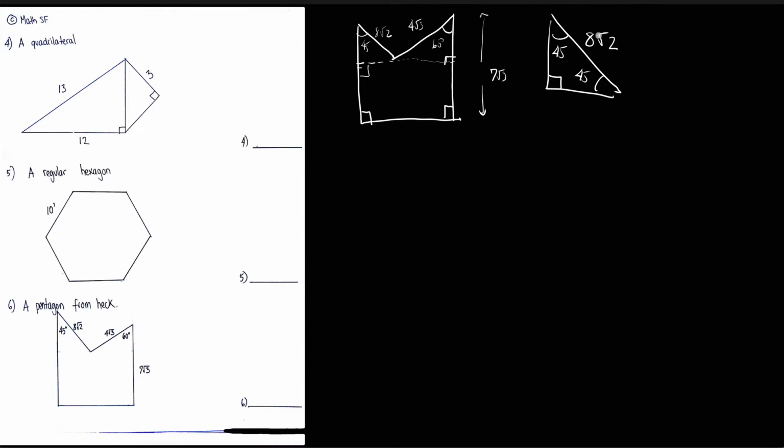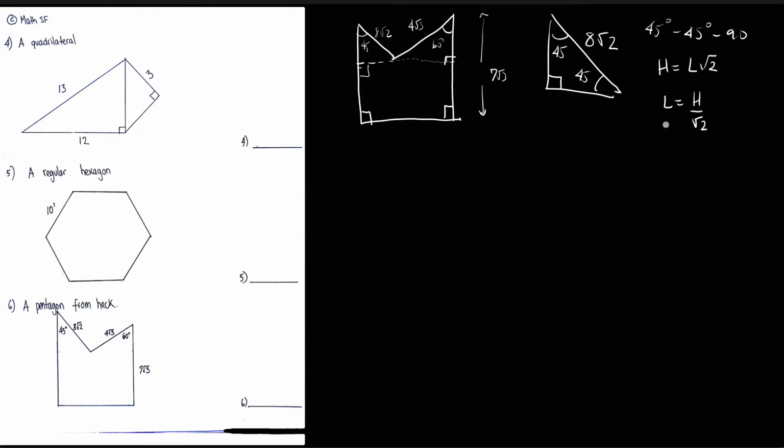So if this is 45, recall that the 45-45-90 special triangle has this particular property, which is the hypotenuse is equal to the length times root 2, correct? Or you can say that the length is equal to the hypotenuse over root 2.